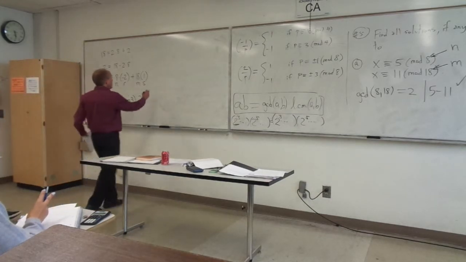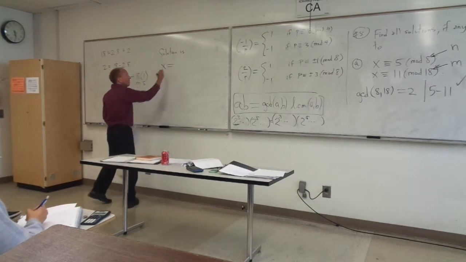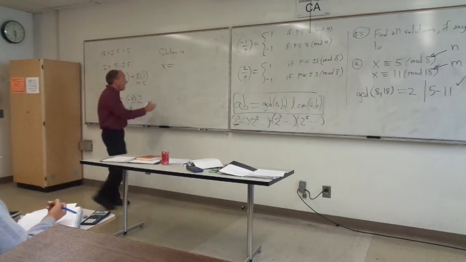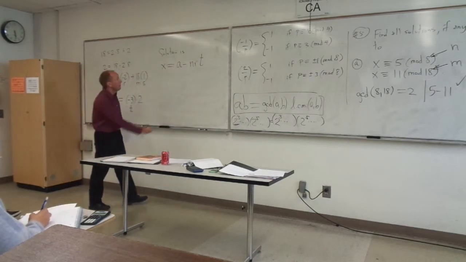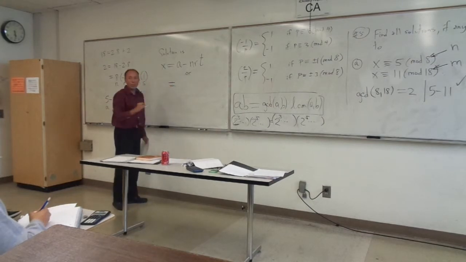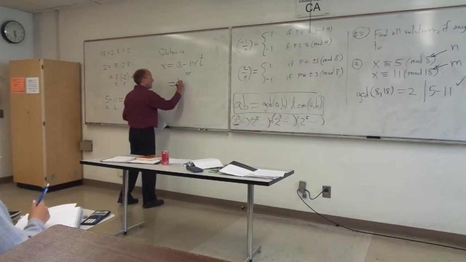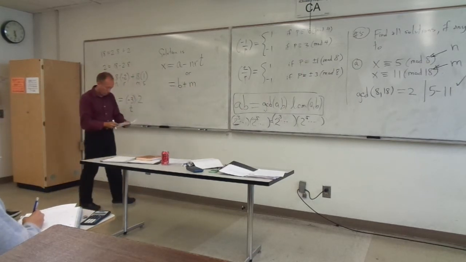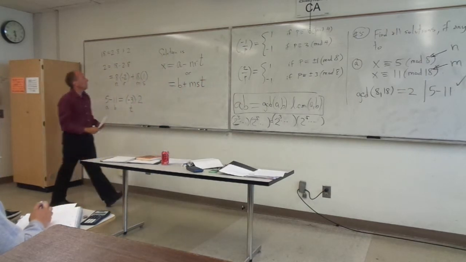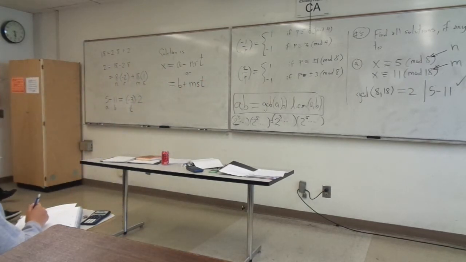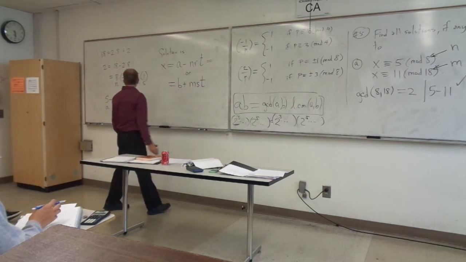So then the solution is x equals a minus nrt. This is older material, so you may not quite remember this formula, so that's why I'm writing it down again. Or you can write it as b plus mst. Either one of those is going to work. Let's try it out in this case. So in this case, a was 5.